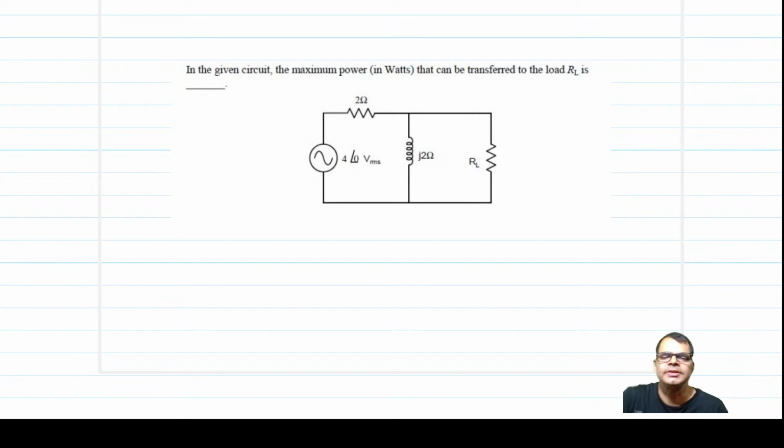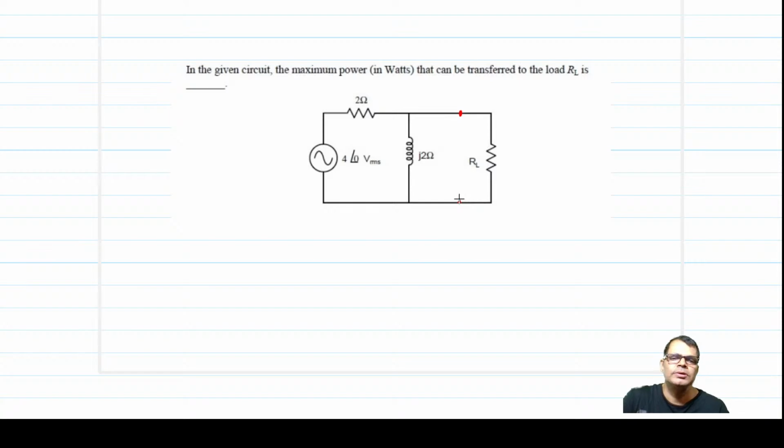In the circuit, what is the maximum power in watt that can be transferred to the load RL? This is the load RL and you need to find the maximum power that can be transferred into it.